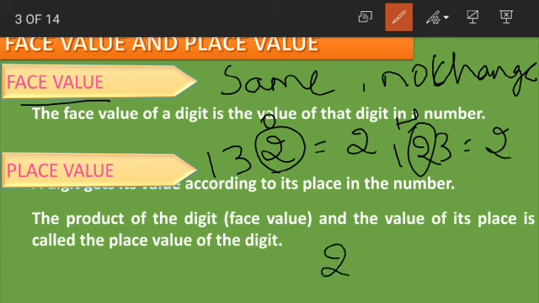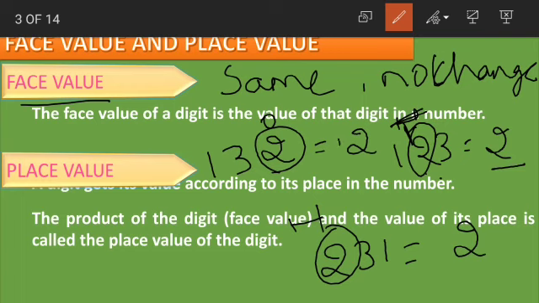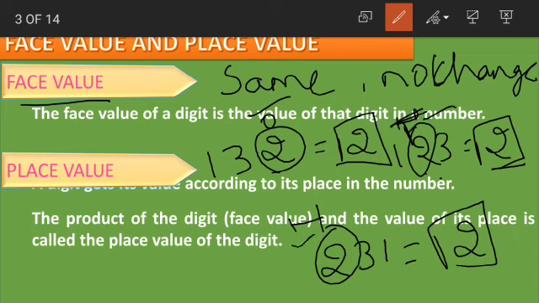If I take 2 in the hundreds place, sorry, I said hundreds here, right? I'm so sorry. The 2 in tens place, the face value will be 2 only. If the 2 is in hundreds place, even though it is in hundreds place, the face value will be 2 only. Did you observe this, children? The face value of 2 is the same no matter whether it is in ones place, tens place or hundreds place.